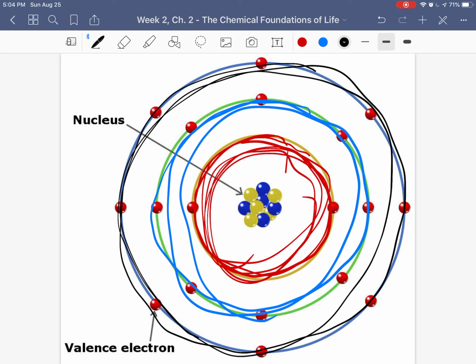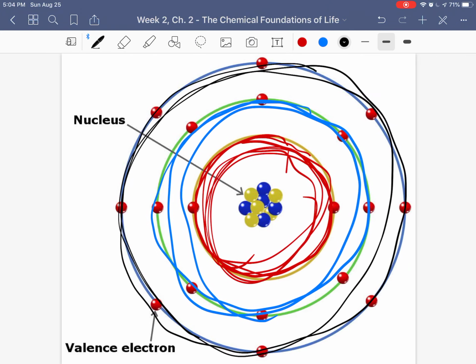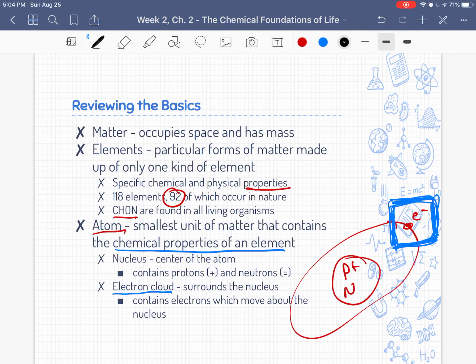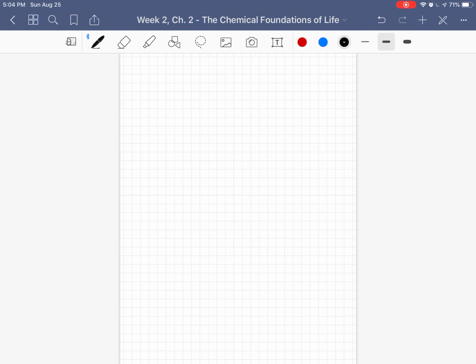The electrons move kind of crazy, but we generally know where they can be found. We call that the electron cloud, the area in which the electrons surround and move about the nucleus.